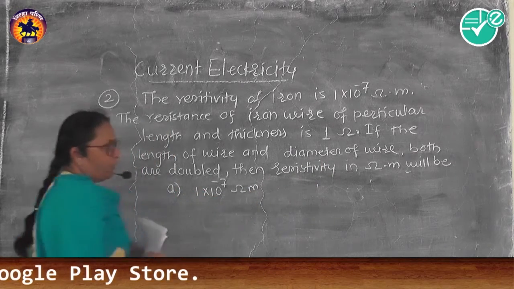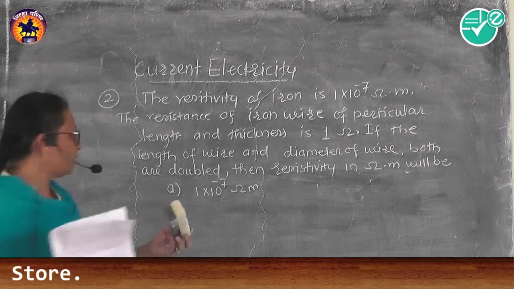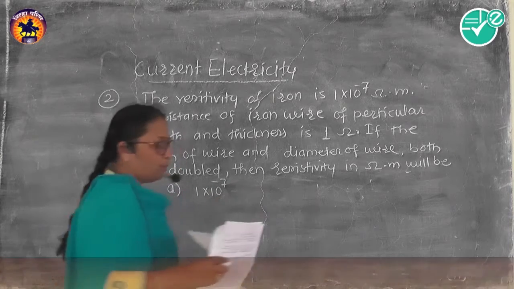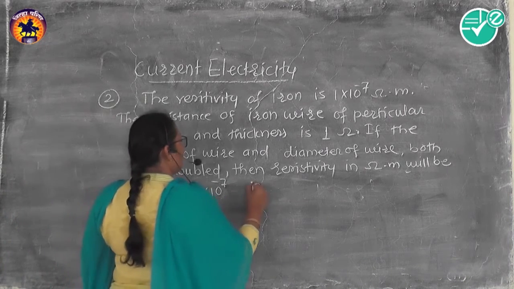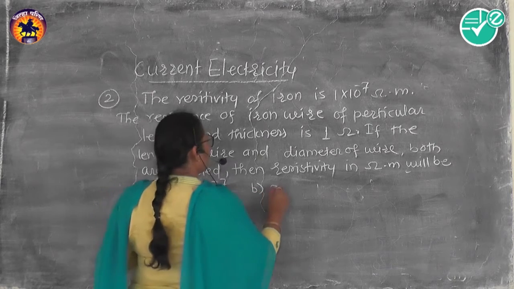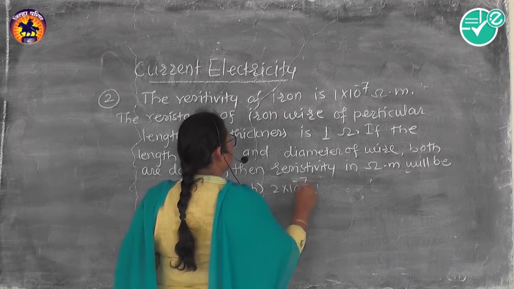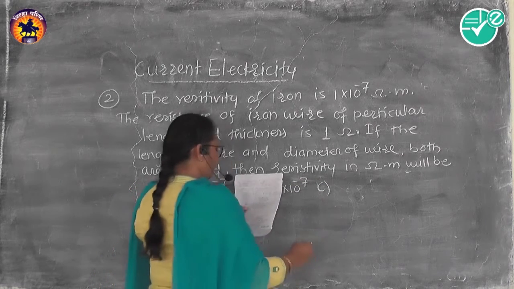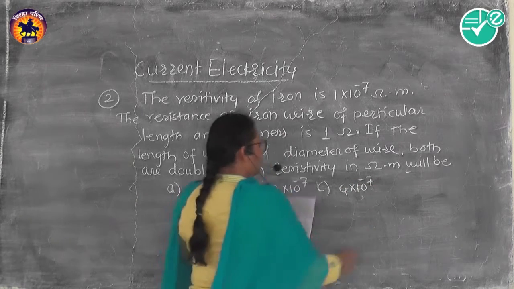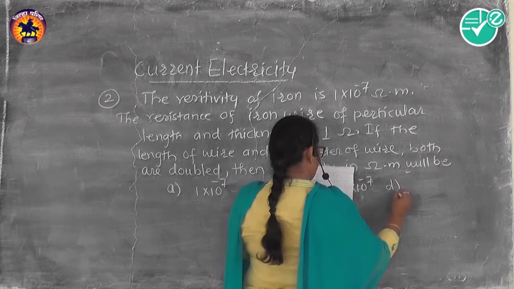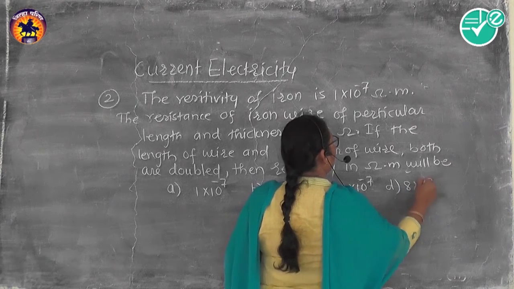As it is already given in ohm meter, so it is not necessary to write here again unit of that quantity. 1 into 10 to the power minus 7. B will be 2 into 10 to the power minus 7. C option 4 into 10 to the power minus 7. And last one is 8 into 10 to the power minus 7.